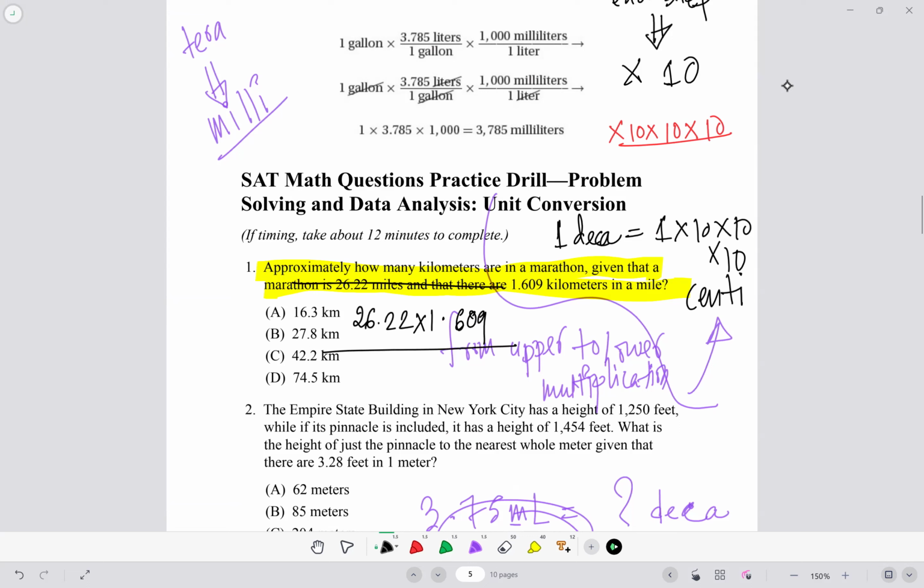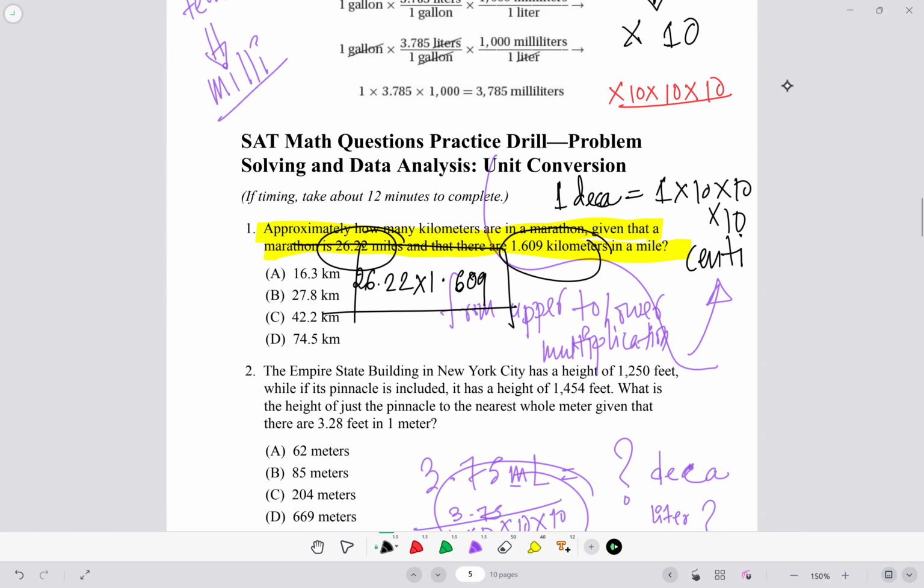Is that correct? Yeah. Because you are converting from miles to kilometers, and they are already telling you the relationship between miles and kilometers: how many miles for how many kilometers.